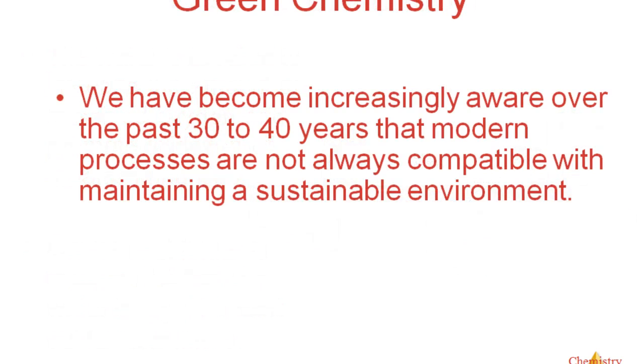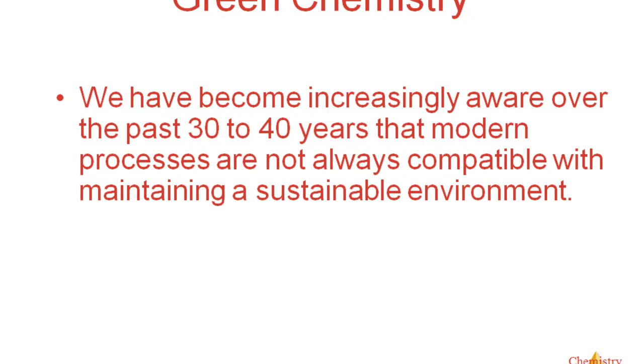So to the last part, what do we call green chemistry? What do we mean by green chemistry? The bottom line is that in the last 30-40 years we have become really aware of what we are doing to the environment.